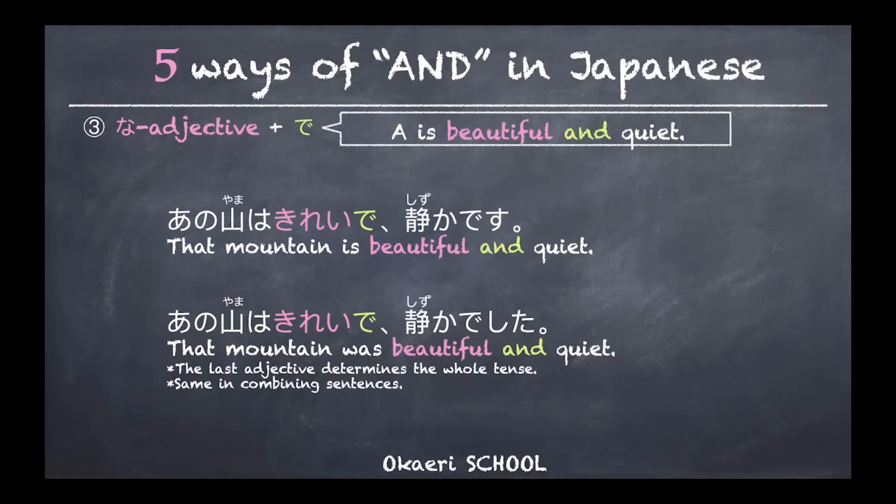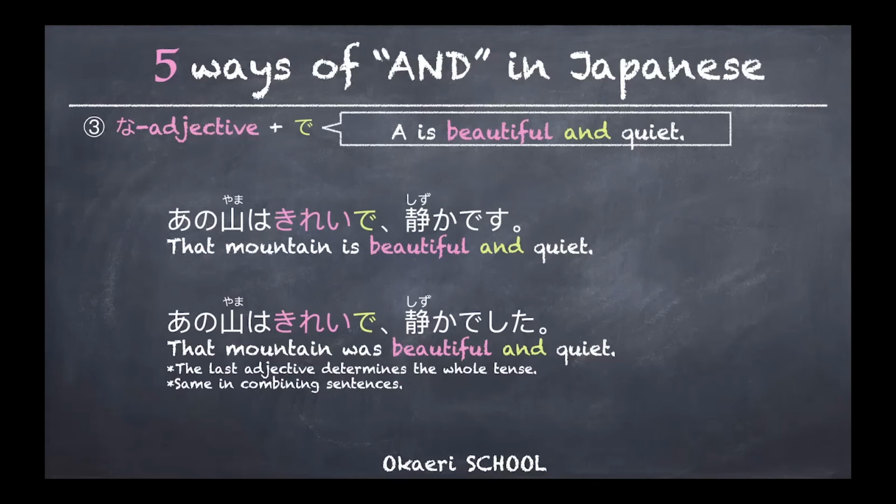In this situation, it's actually easy. You don't have to worry about the first adjective. It's just the same, no matter what kind of tense, past tense, present tense. The last adjective determines the whole sentence's tense. So you could only mind the last adjective. It should be past tense or present tense. So basically, combining part, de is the same, no matter what kind of tense.